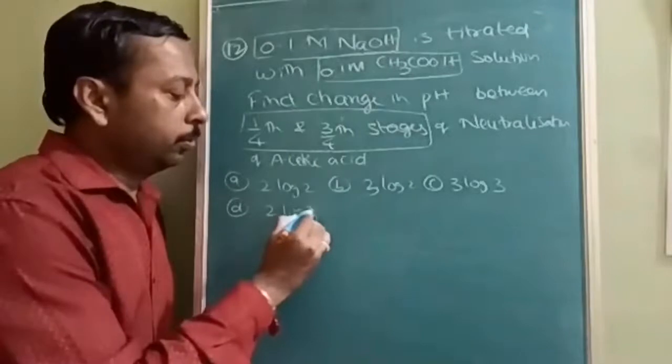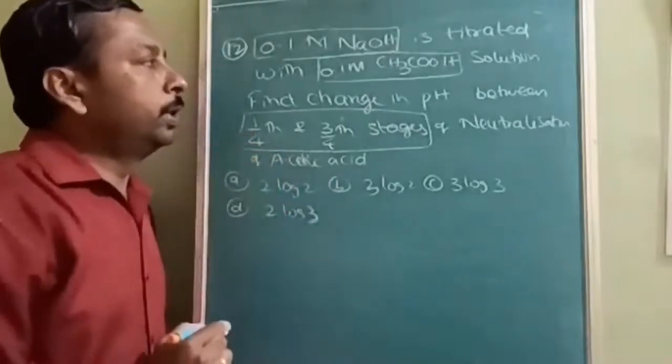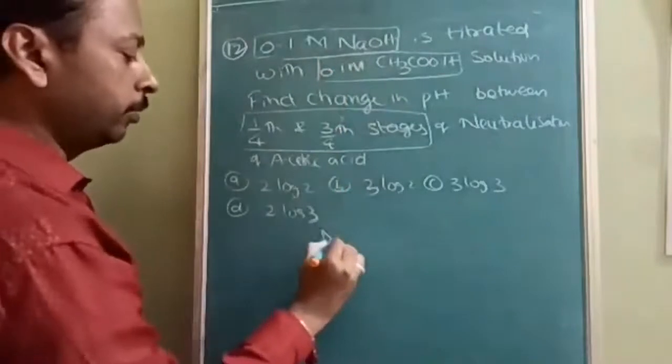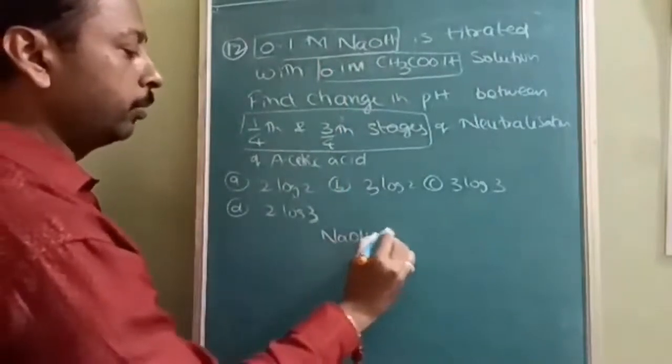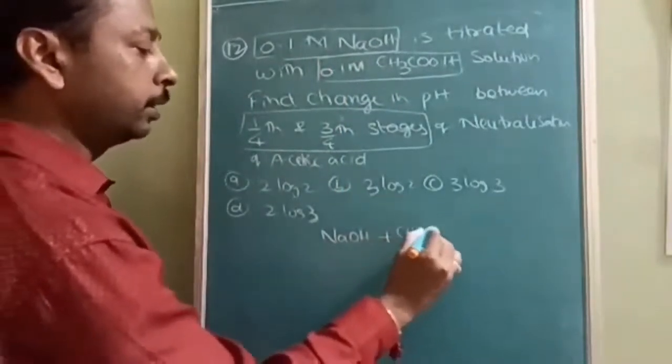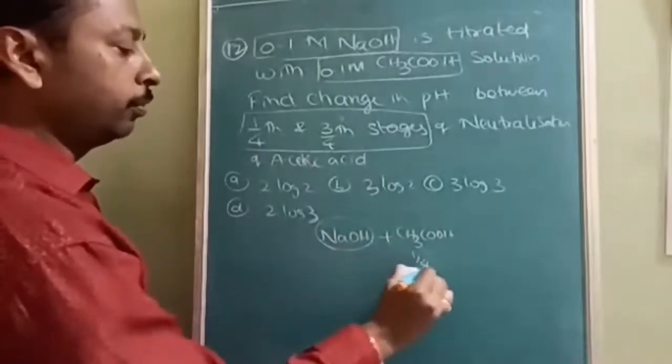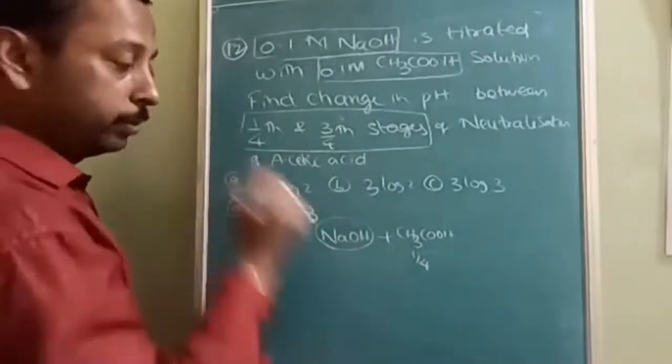So 1/4 neutralization. Titrated with, that means NaOH is there, and we are adding CH3COOH. Out of this, only 1/4 is neutralized.